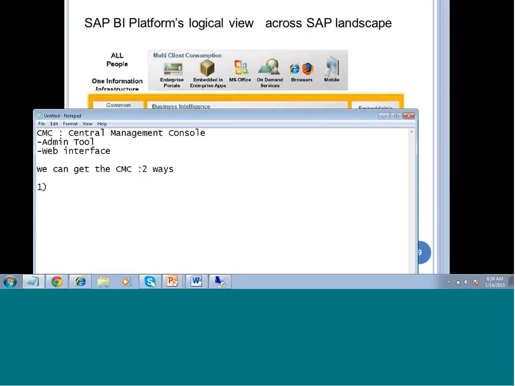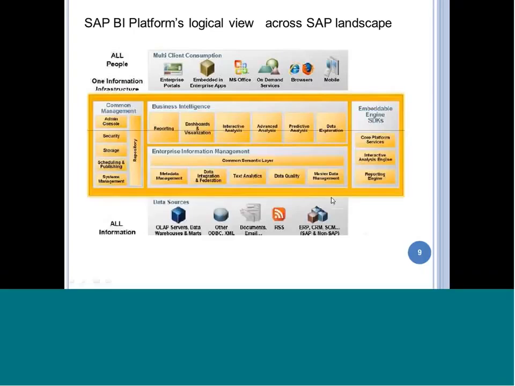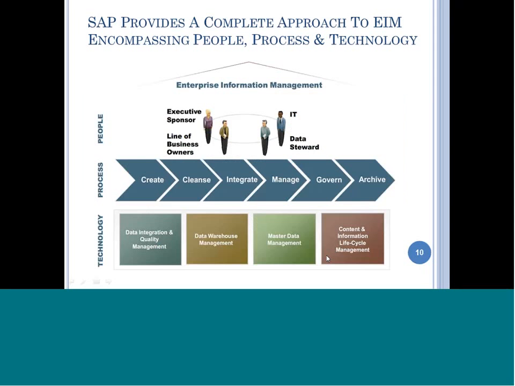One is with the installation of the SAP BOBI platform, or else the installation of SAP Information Platform Services. Either one you need to have. So two things you have to remember always.